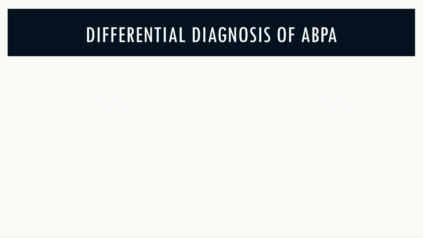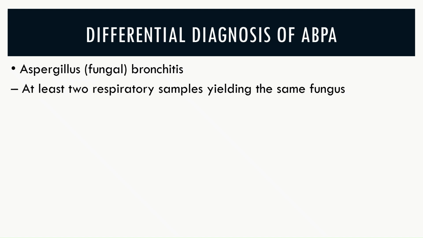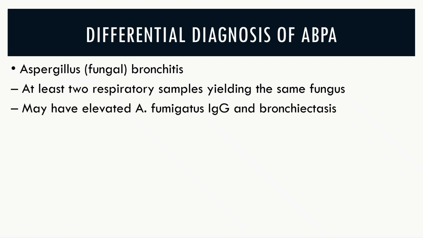Another important differential diagnosis is Aspergillus or fungal bronchitis. This condition is characterized by at least 2 respiratory samples yielding the same fungus and may be associated with raised Aspergillus fumigatus IgG and bronchitis, but these patients do not fulfill diagnostic criteria for ABPA.